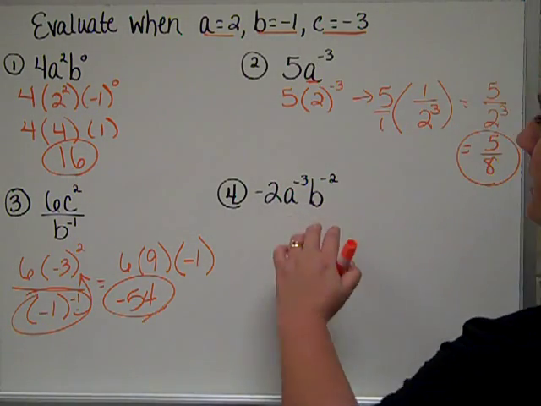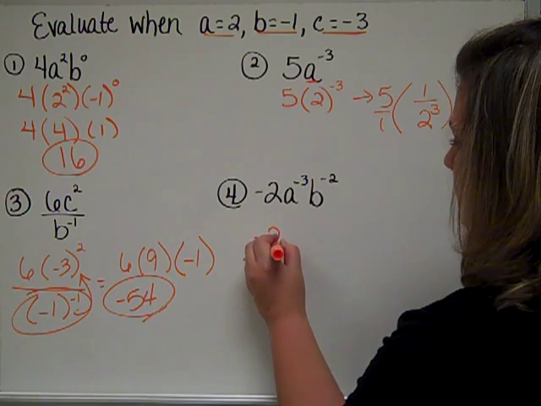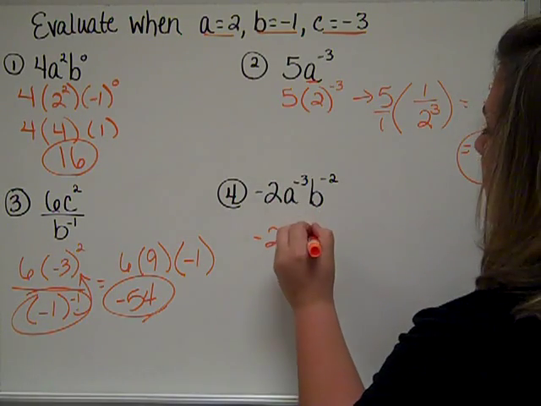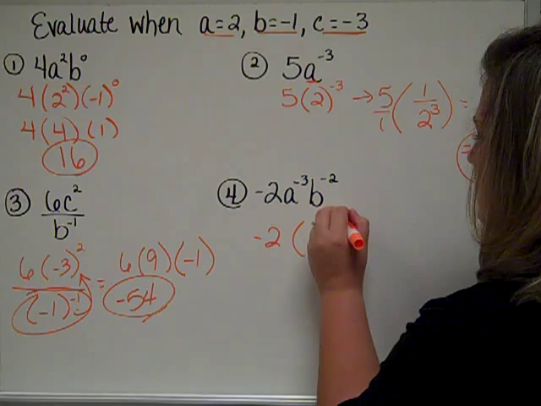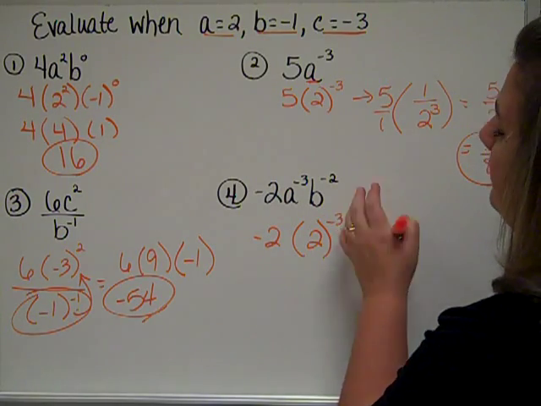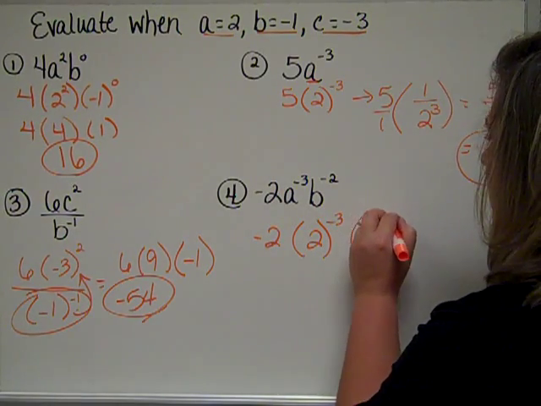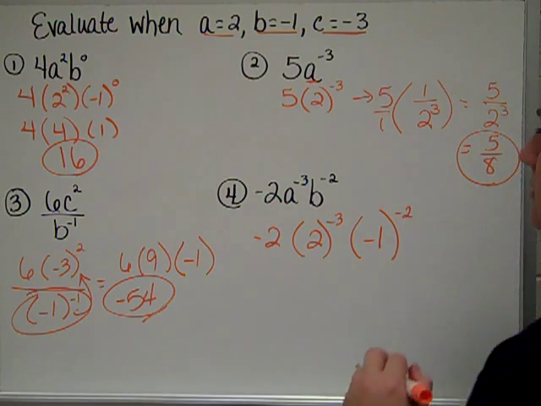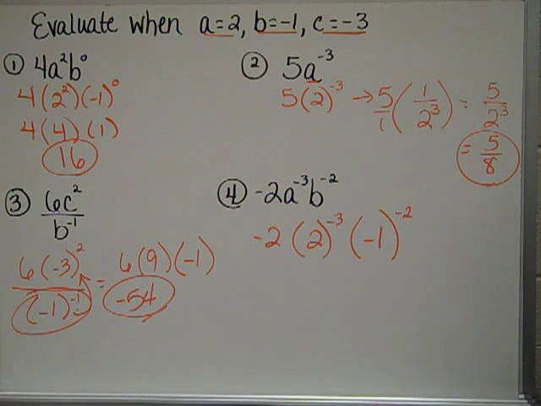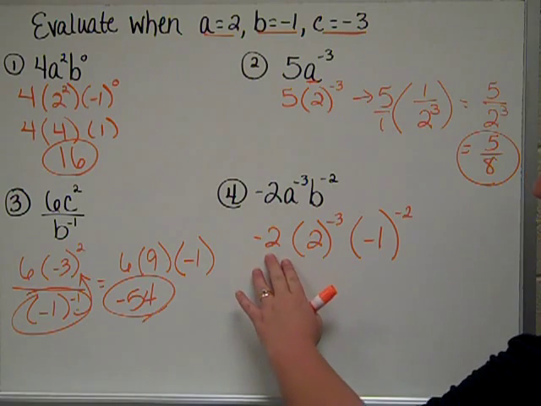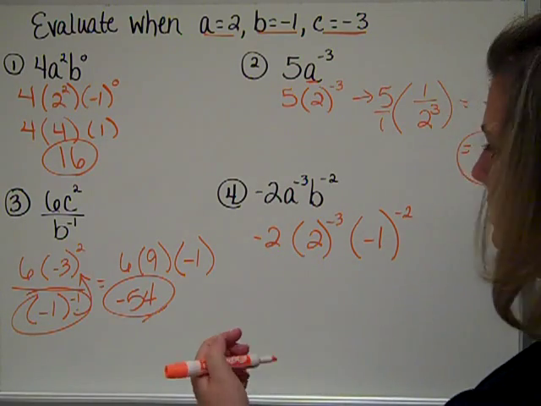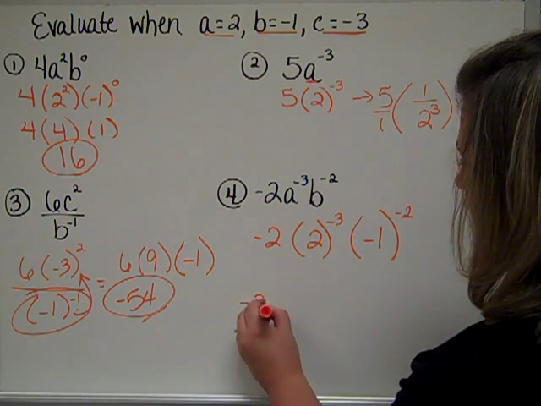Okay? All right, let's plug in our values here. So -2, and then A is +2 raised to the -3rd, and B is -1 being raised to the -2 power. All right? So this 2 does not have a negative exponent attached to it. So that can just stay.